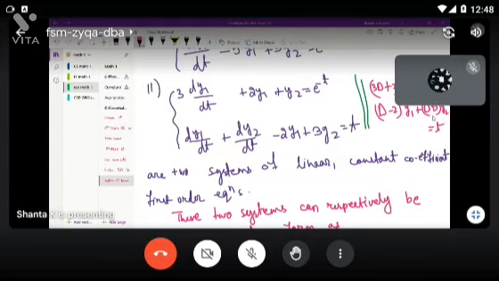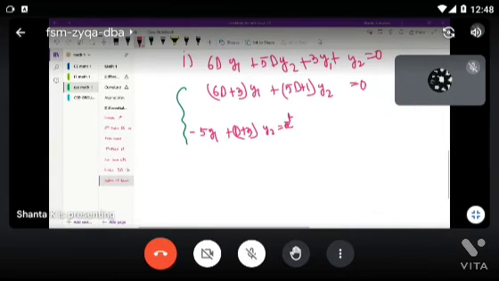Now we will come to how we will go for the solutions. D equals d by dt for this case when you have a system of linear equations.